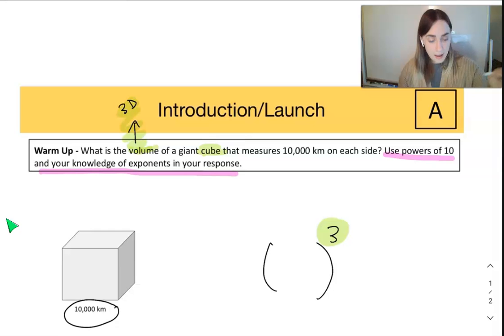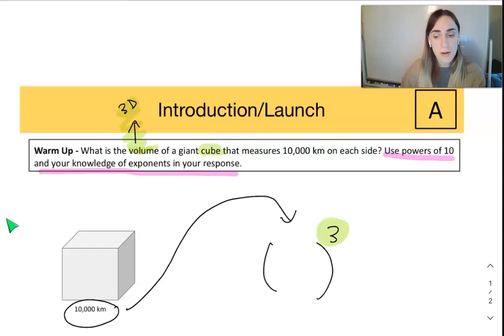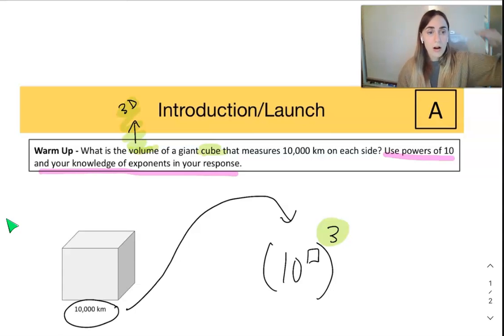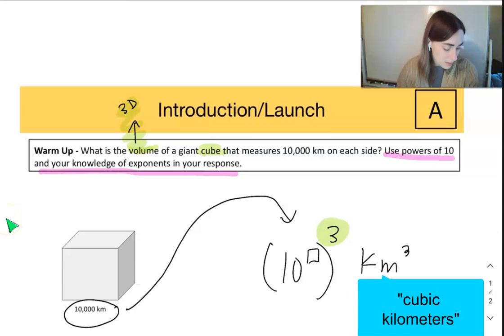So your answer might end up looking like whatever power of 10 we used to represent the side length raised to the power of 3. Or you might have an answer that looks different. But either way, our units are going to have to be cubic kilometers. Because if we want to measure volume, which is the space inside of something, we would need to measure it with little cubes, right? It's a 3D shape.